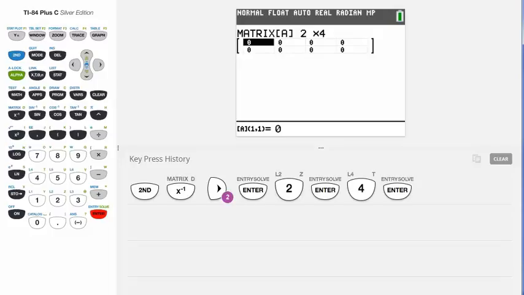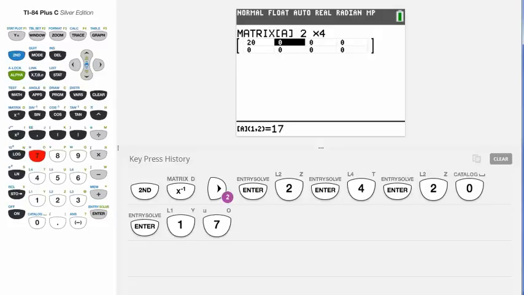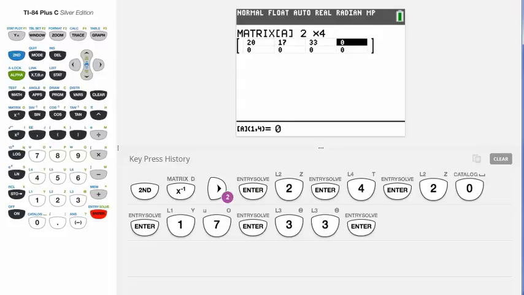So I'm going to type in the observed frequencies. I'm using my row for diabetes: 20, enter, 17, enter, 33, enter, 33, enter.